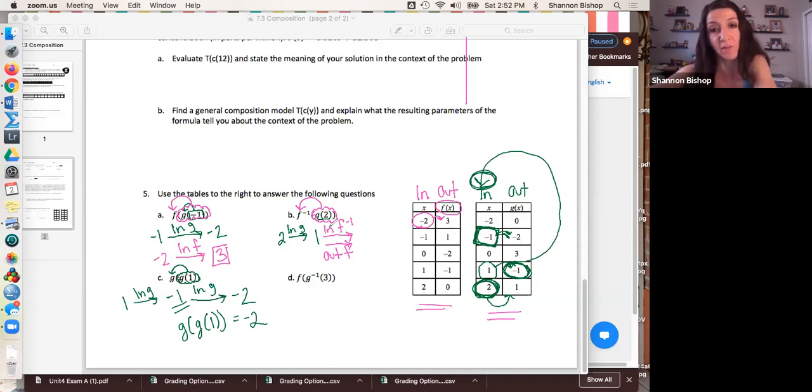So if you're trying to find the input on the inverse, that's otherwise known as the output of the original. So where should we be looking for the number 1 right now? The output of the original. Can you find the number 1 in this column? Yes. And who does it pair with? -1. The answer is -1.